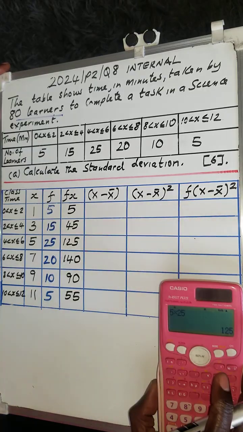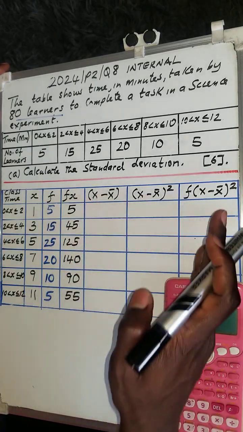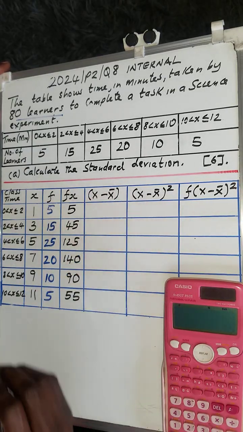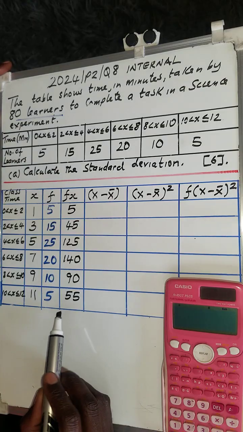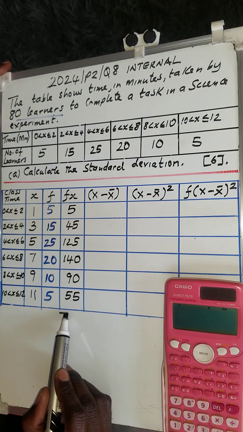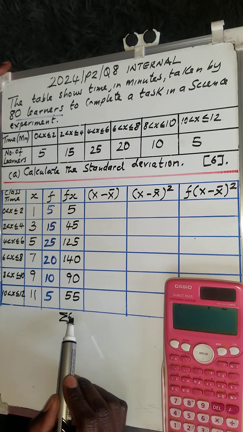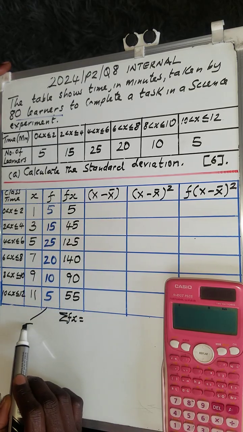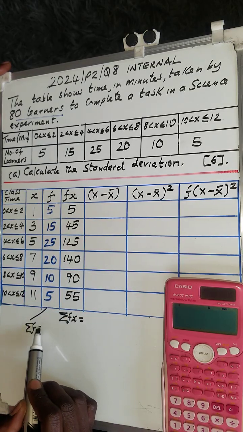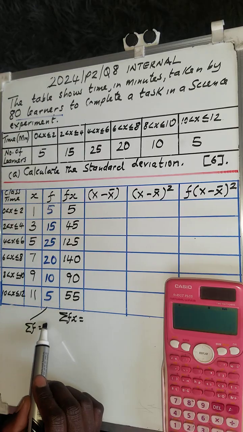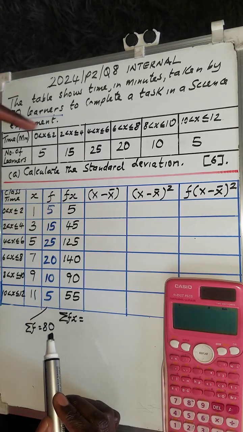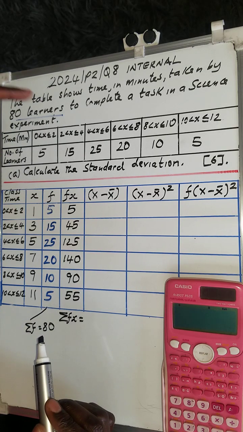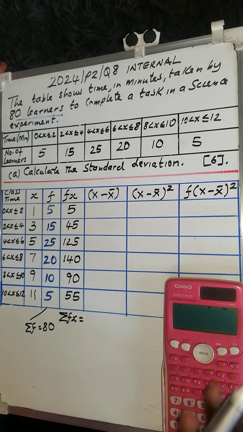Remember what I said before you can proceed, because you have the mean there, you need first of all to calculate the mean. Therefore, to calculate the mean, you need to know the summation of fx, and the summation of f. Of course, if you add all this, that will give you 80, because the task was done by 80 learners.